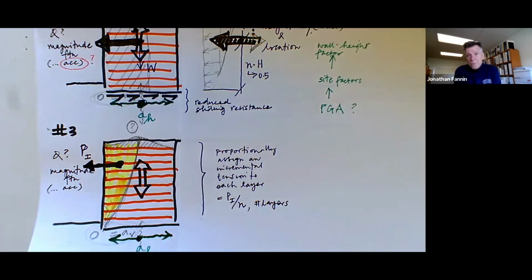The more flexible the structure, the better it seemed to perform. For example, a very flexible structure would be a wooden crib retaining wall. They performed very, very well indeed on sites where the foundations didn't compromise behavior.